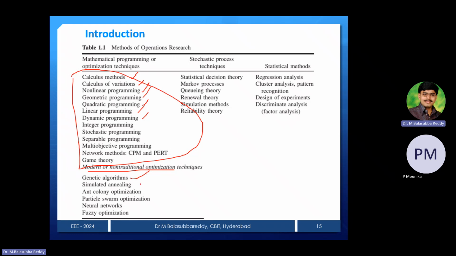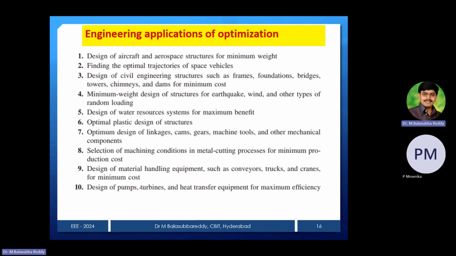Simulated annealing, ant colony optimization, PSO algorithm, this is the third unit, and then neural network, fuzzy optimization. Like that, we may have cuckoo search algorithm, harmony search algorithm, ant colony algorithm, honeybees algorithm. We may have many different kinds of algorithms. These are the methods of optimization.